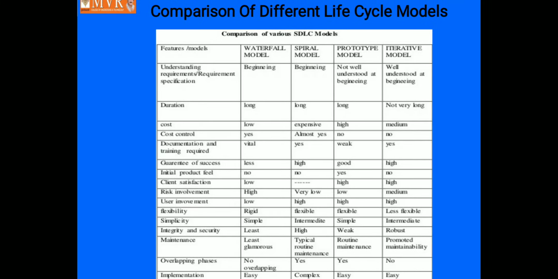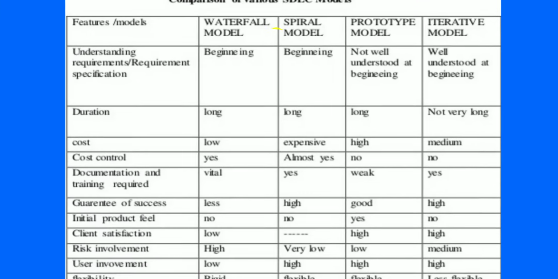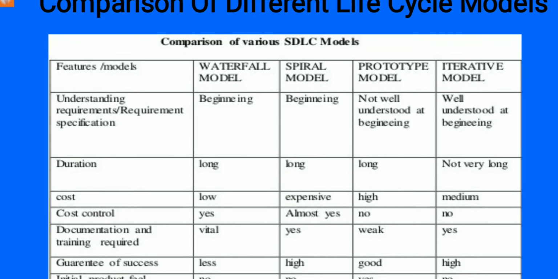Comparison of different life cycle models. The first feature is understanding the requirements or requirement specifications: in the waterfall model, beginning; spiral model, beginning; prototype model, not well understood at the beginning; iterative model, well understood at the beginning.